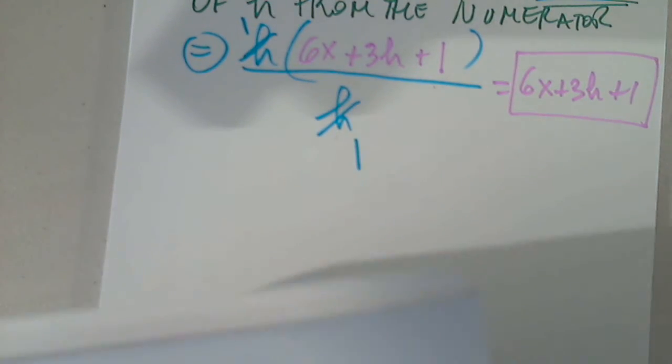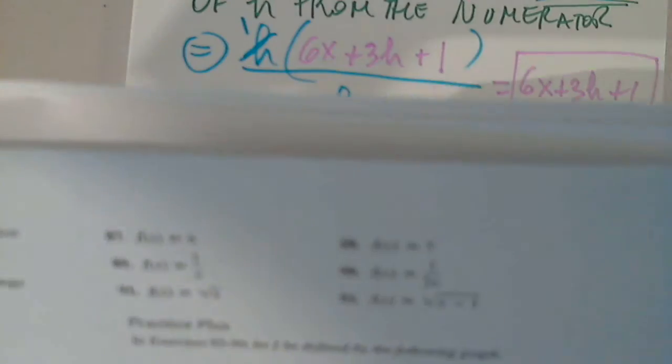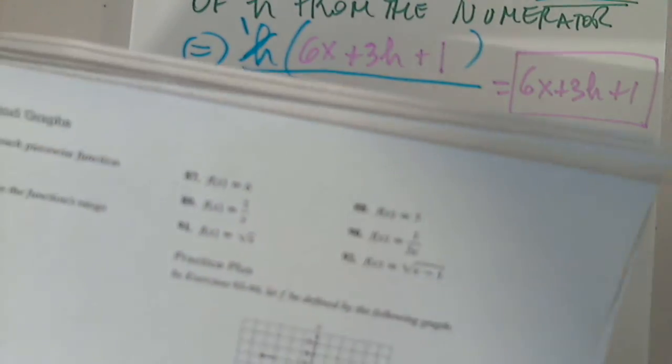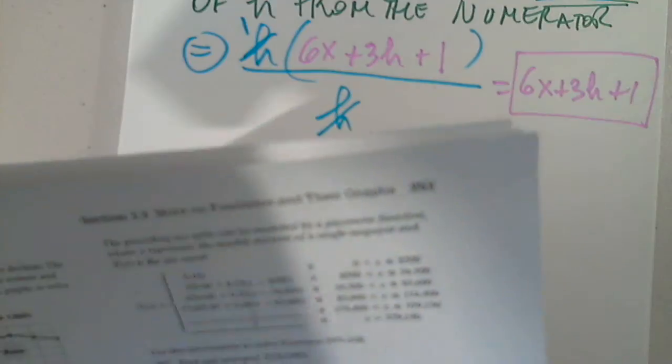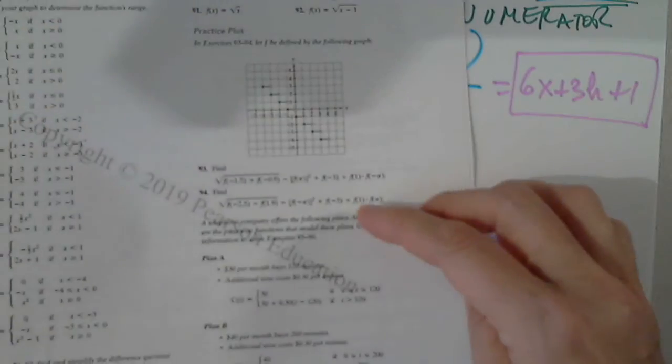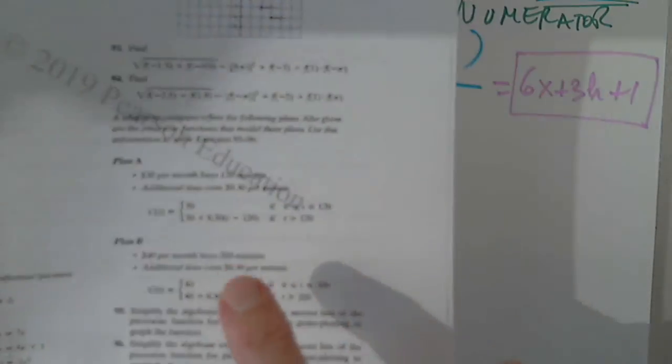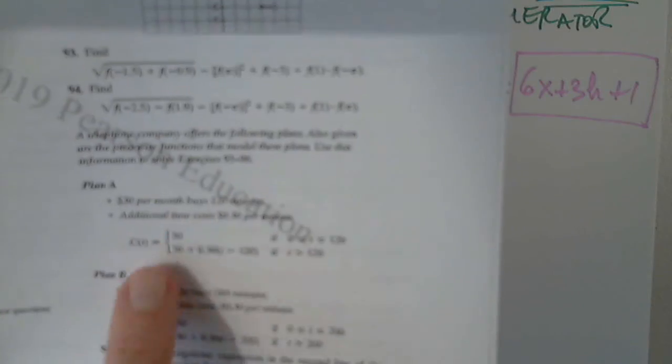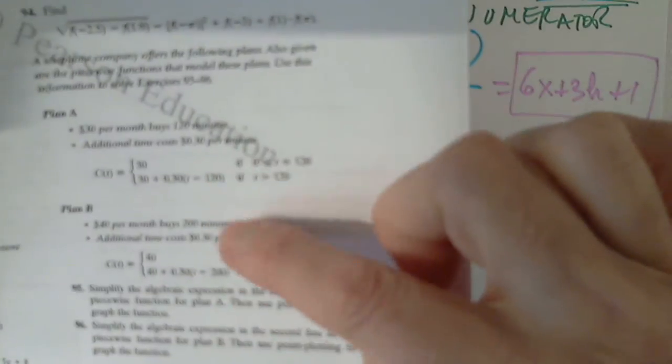Okay, would you like to graph another piecewise defined function? Yes, I'd love to graph another one. Okay, so let's graph another one. And also, you see there are a lot of examples with piecewise defined functions. So something with a plan A, something with a plan B. As you see, there are piecewise defined functions on page 252.